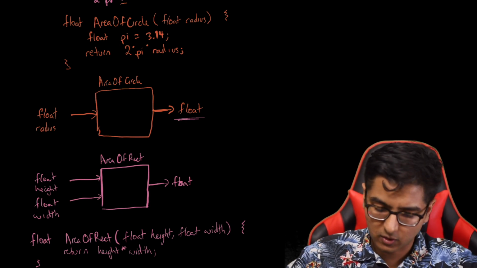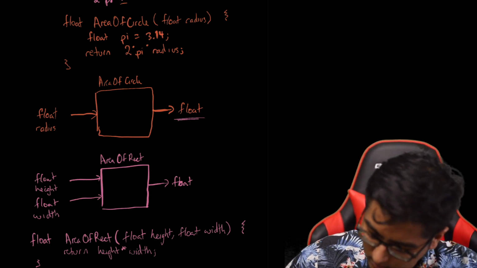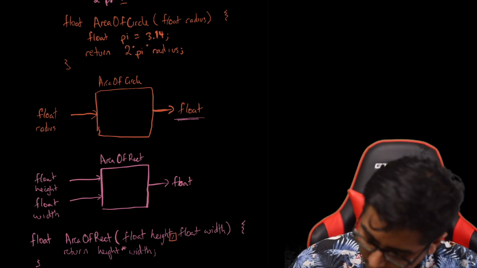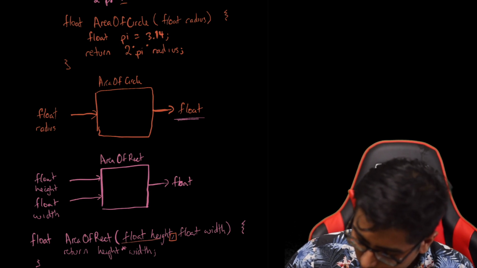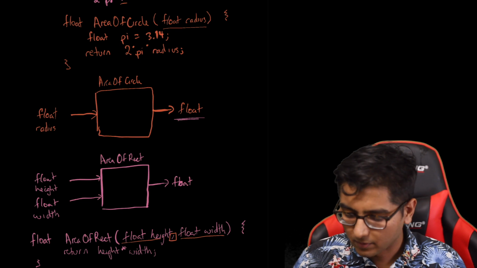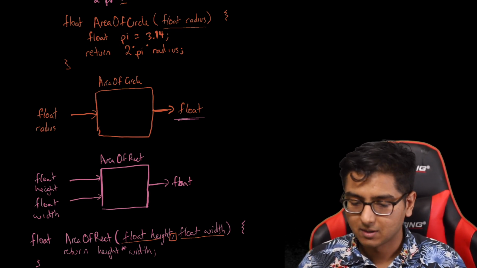Now, you might notice a couple of things. One, between these two, the way I've enumerated multiple parameters is by using a comma. So all of my inputs are labeled within these parentheses. However, I have used commas to separate between every input.